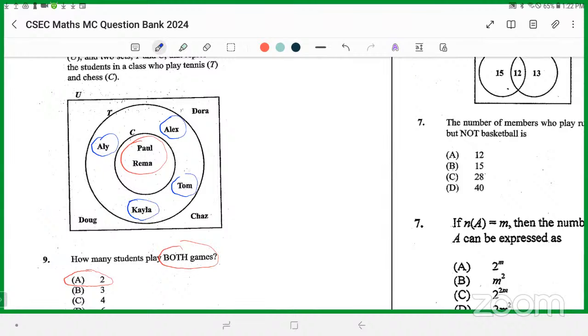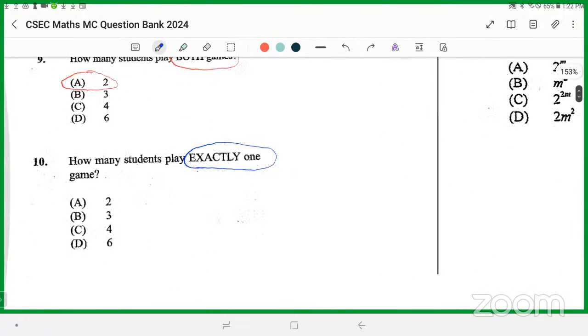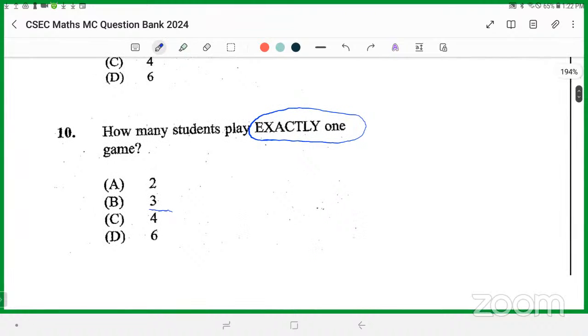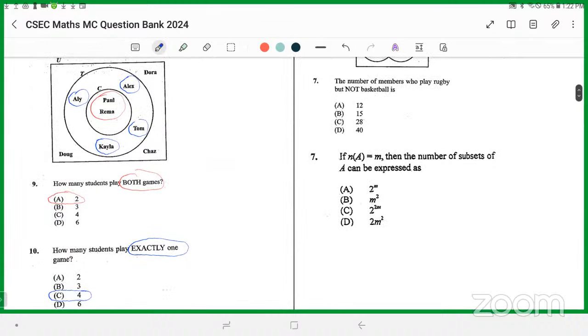They only play tennis. These in here play chess and tennis, just like the chess set is a subset of the tennis set. So those who play chess also play tennis. You get me? So the answer for this one is 4. 4 persons play exactly one game: Ali, Alex, Kayla, Tom.